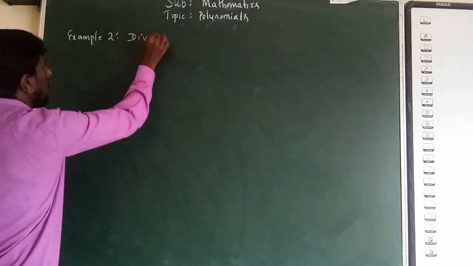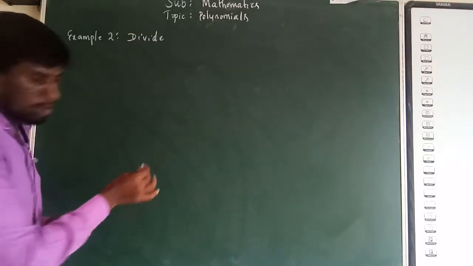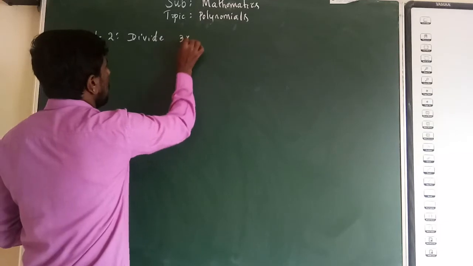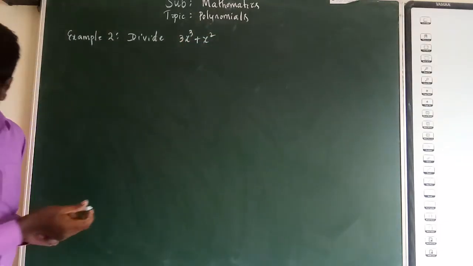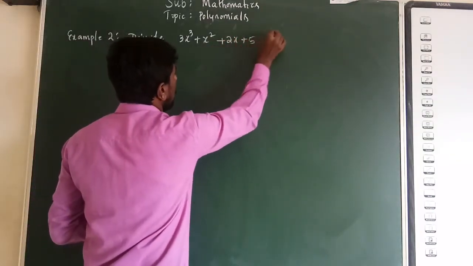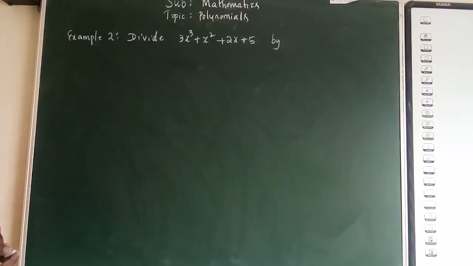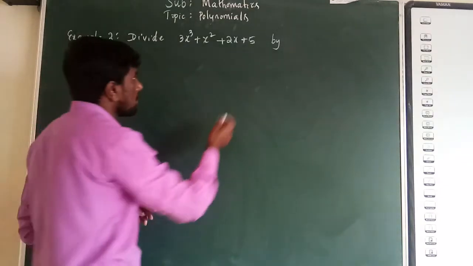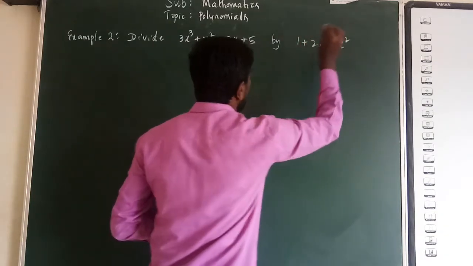Divide 3x cubic plus x square plus 2x plus 5 by 1 plus 2x plus x square.